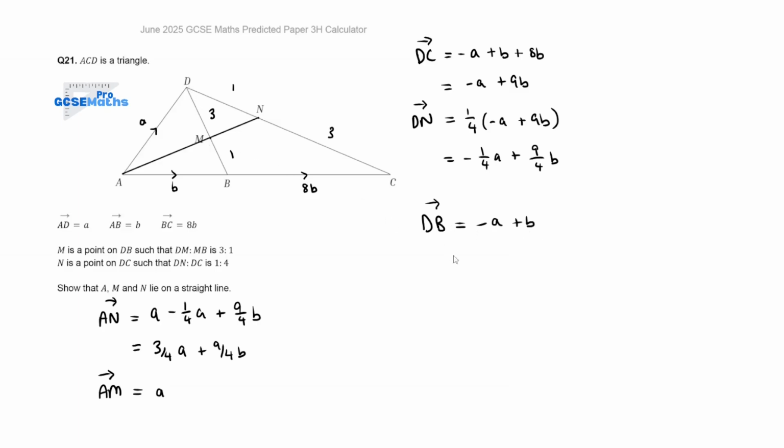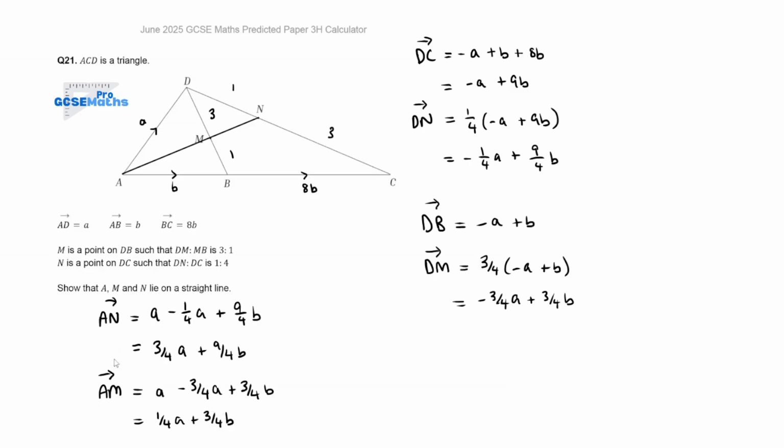And then I want actually D to M. So again, turning my ratios into fractions, that's 3/4 of the line. 3/4 of minus A plus B. Expand. So negative 3/4 A plus 3/4 B. Now I can add that to my previous A. Again, simplify, collect the like terms. So that would be 1/4 A plus 3/4 B.